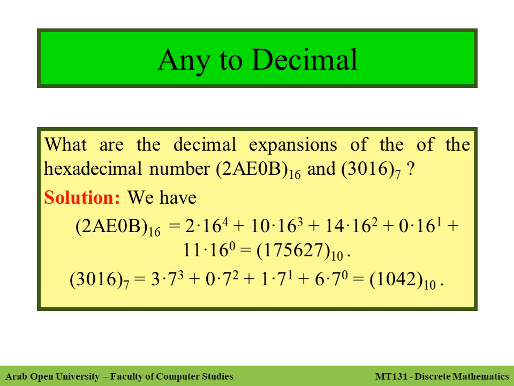Starting with the 3, this is in the 4th position, so it's multiplied by 7 to the power 3. The 0, the second digit, is multiplied by 7 squared. The 1 is multiplied by 7 to the 1, and the 6 is multiplied by 7 to the 0. Doing the calculations, we should get 1042, and this number is in base 10, the decimal representation.